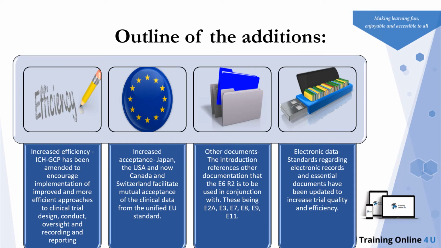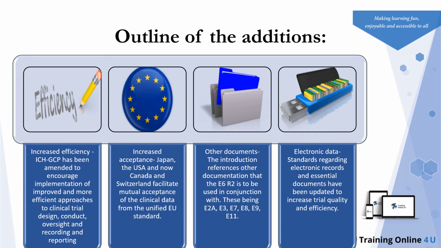These are some more reasons why the revision was needed. Firstly, increased efficiency. ICH GCP has been amended to encourage implementation of improved and more efficient approaches to clinical trial design, conduct, oversight and recording and reporting. Secondly, increased acceptance.